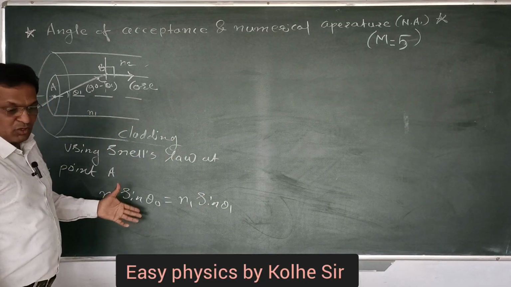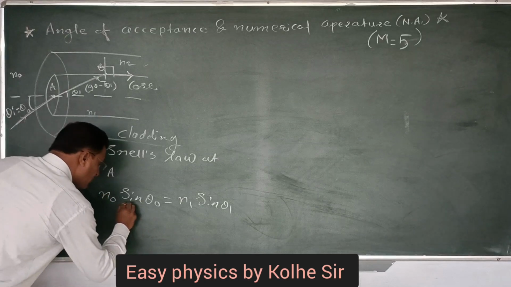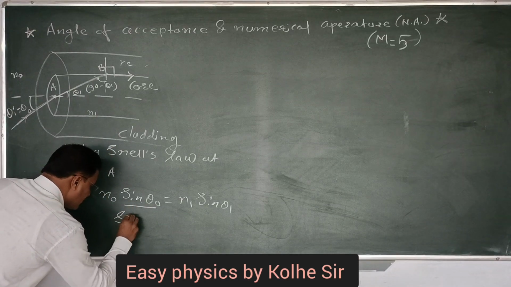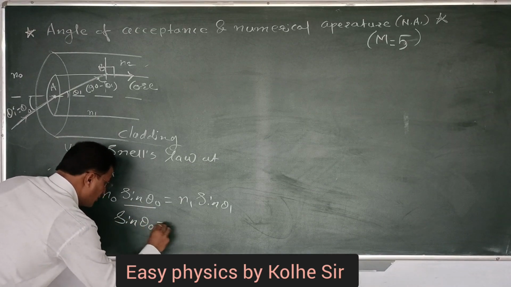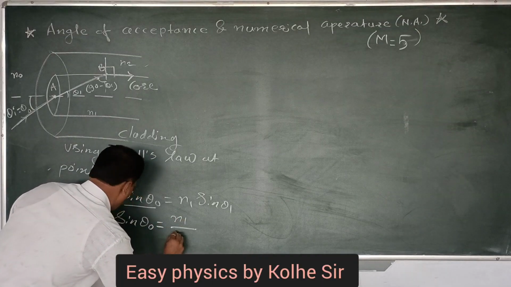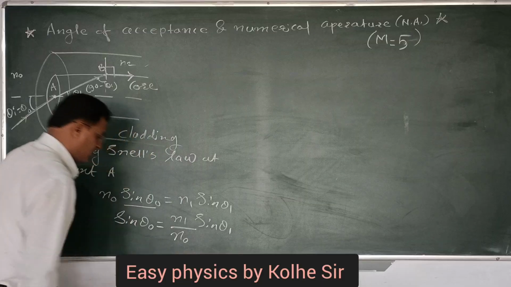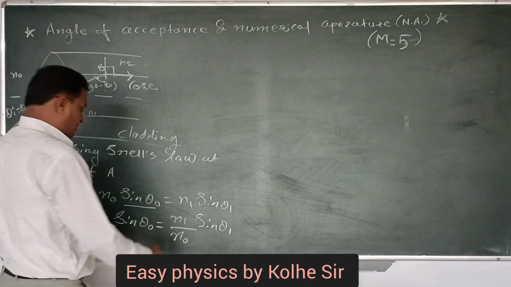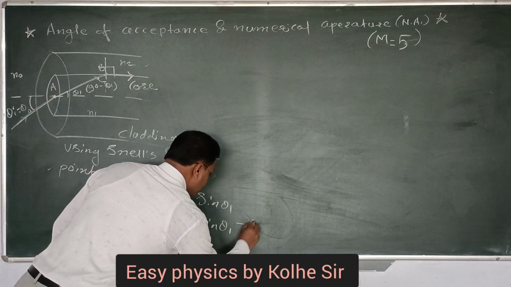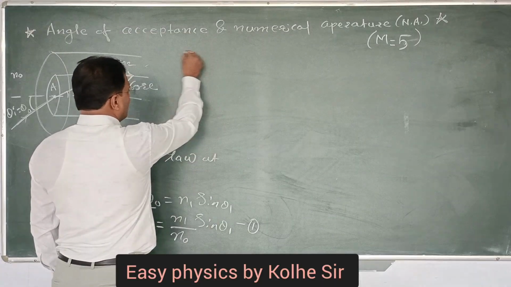So we got this relation. Now sine of theta suffix 0 is equal to n1 upon n suffix 0 sine of theta 1. So we will say that this is equation first.